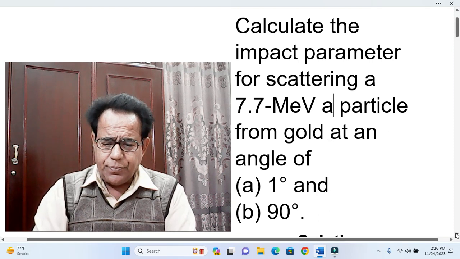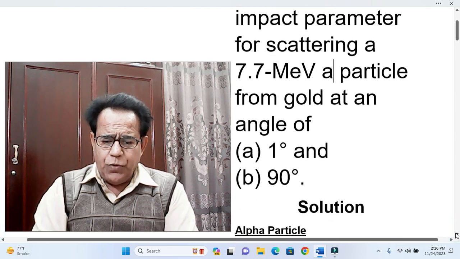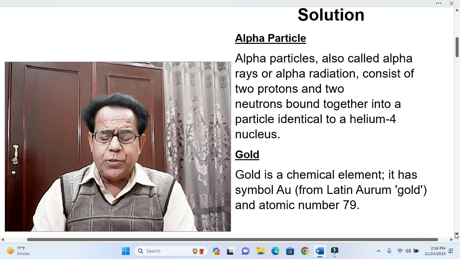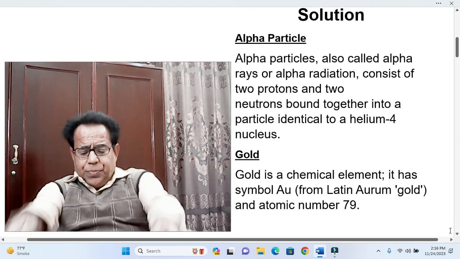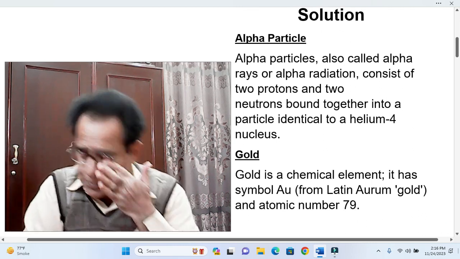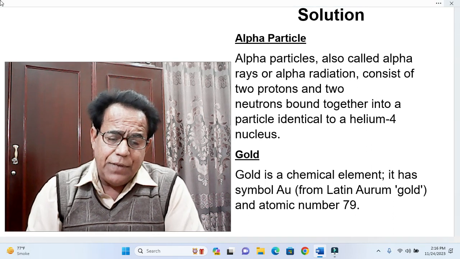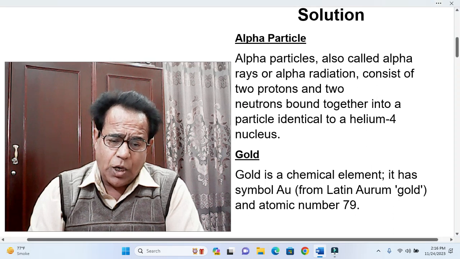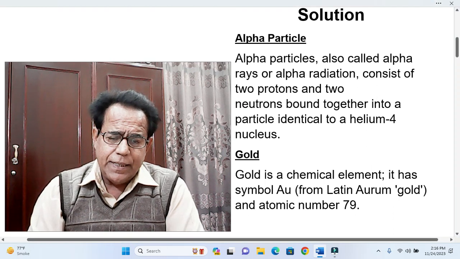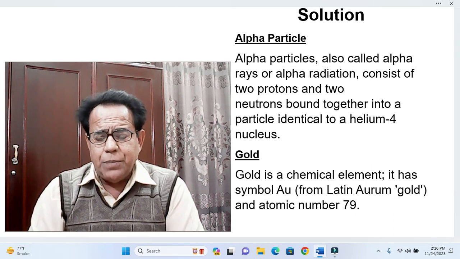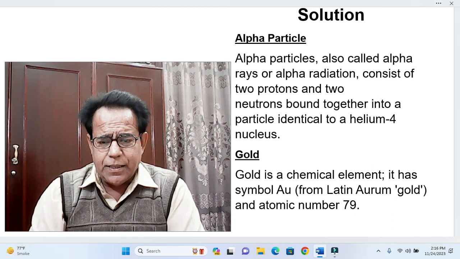Okay. Now we move to its solution. But before going into the solution, we will have a short look at the introduction of some basic terms used in this problem.